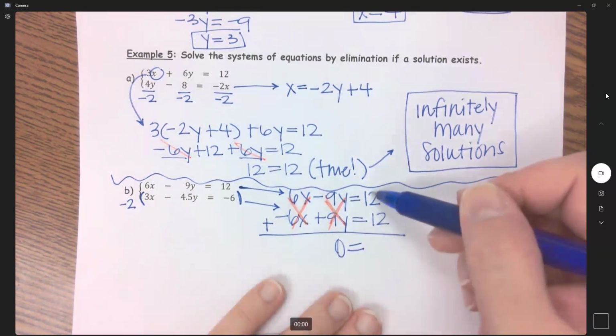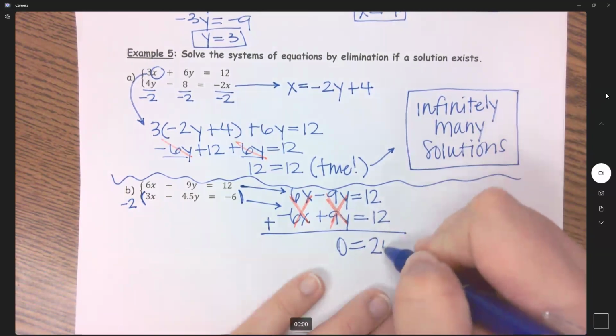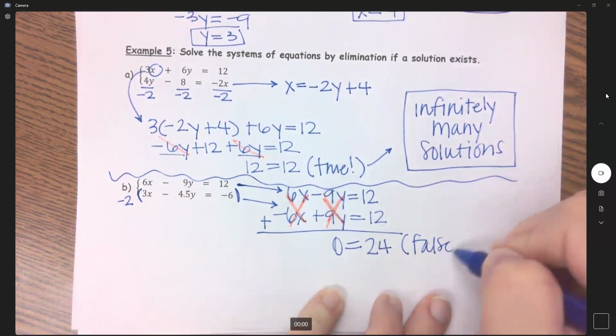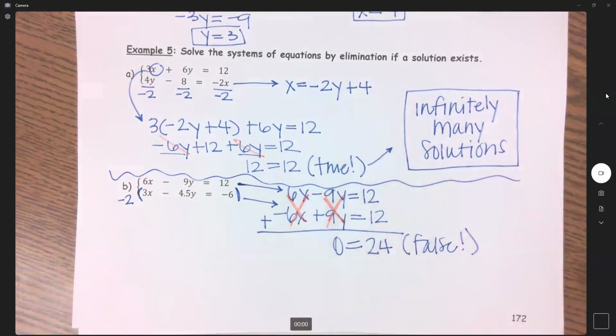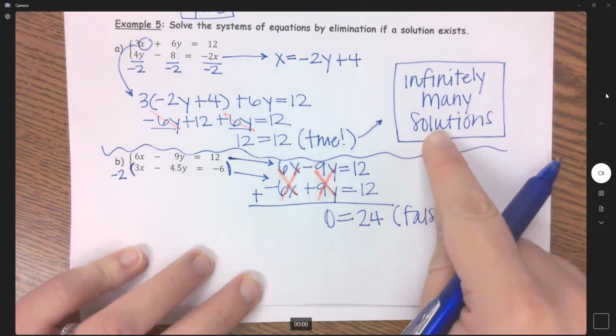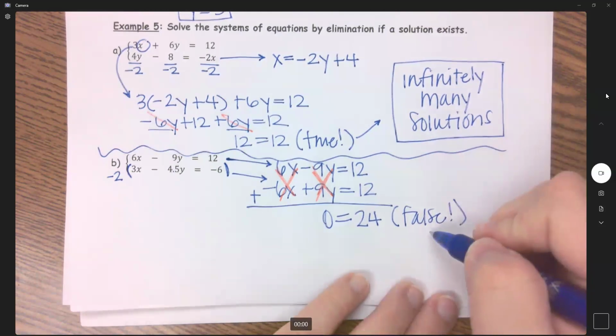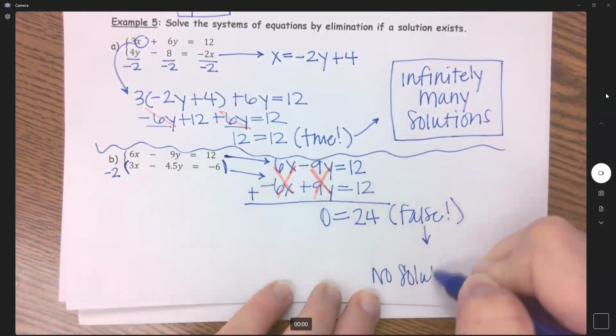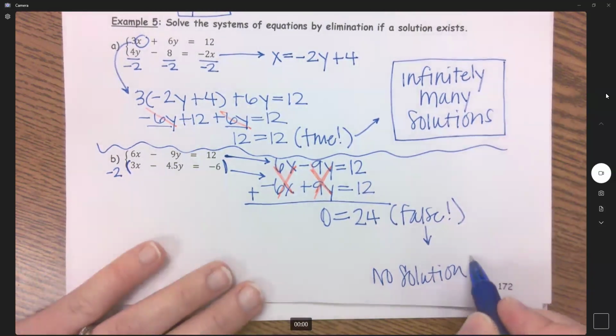And then adding over here, 12 plus 12 gives me 24. Now, this is not true. That is a false statement. 0 does not equal 24. If my true statement is infinitely many, what do you think my false statement is? This is my no solution.